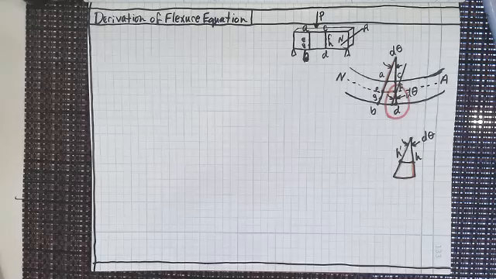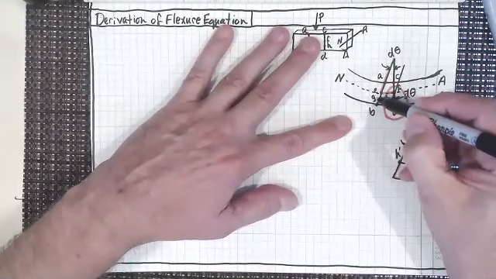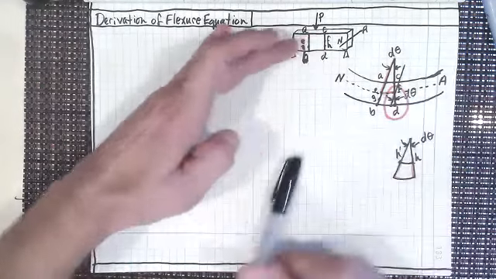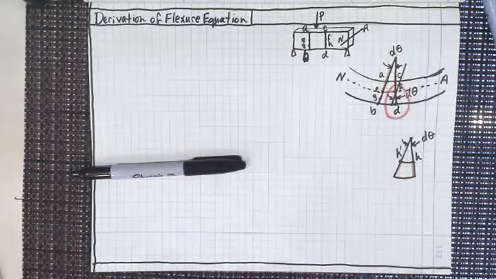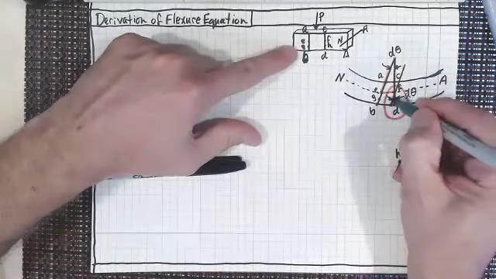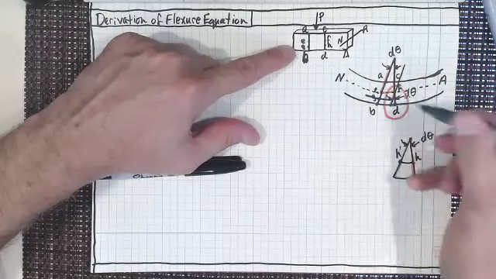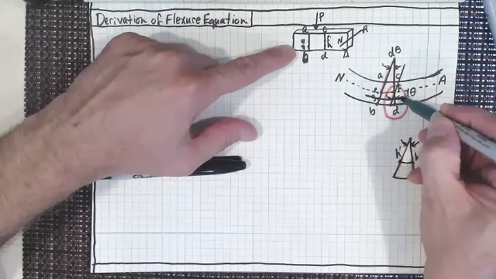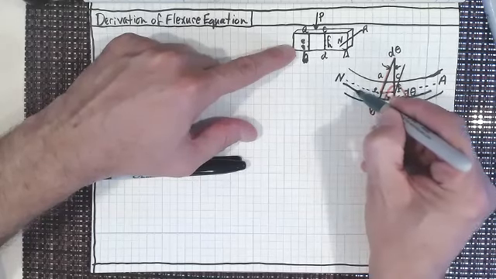Now, what is that distance? I'm going to draw another line, I'll make it green, down here at GH. GH is not at the neutral axis, is it? No.